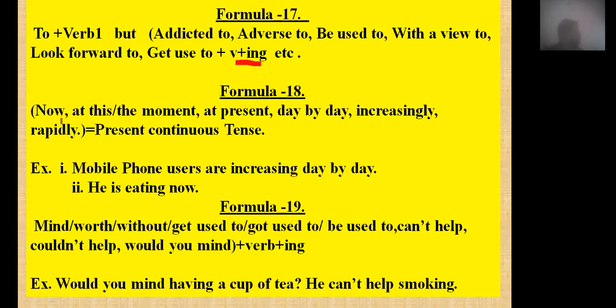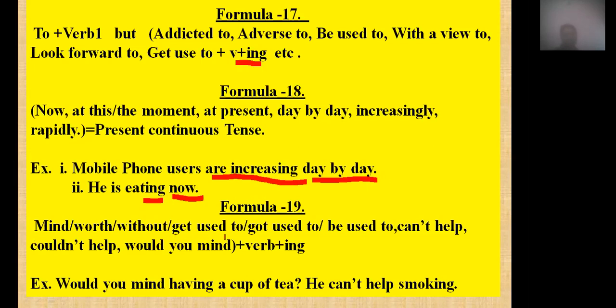That means the number of mobile phone users is increasing day by day. Here that will be present continuous, as day by day is available. He is eating now, as now is available, the verb form will be ing here.